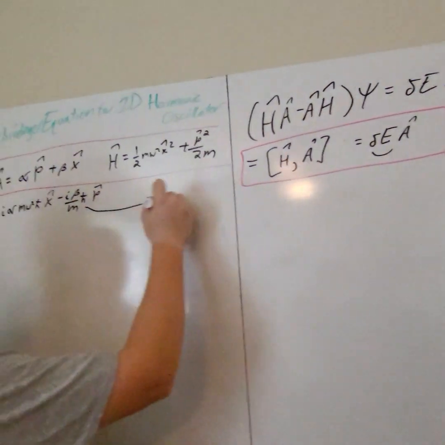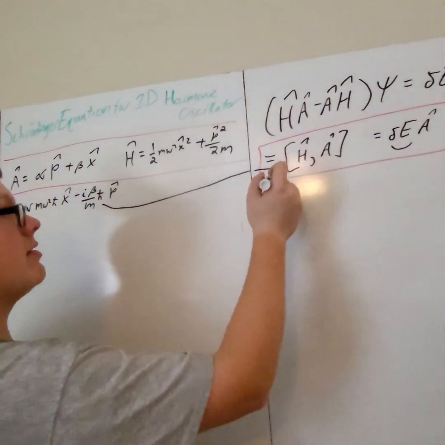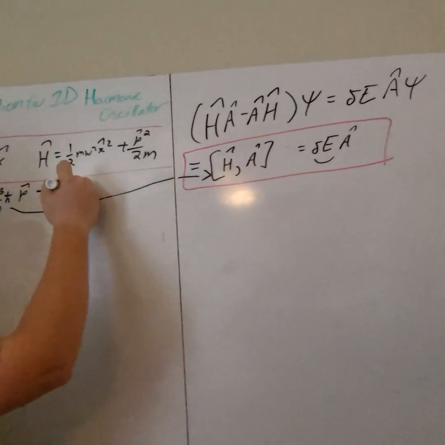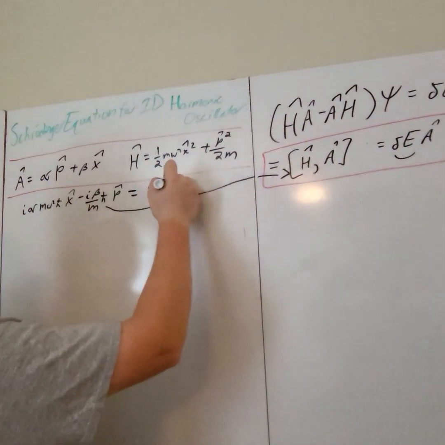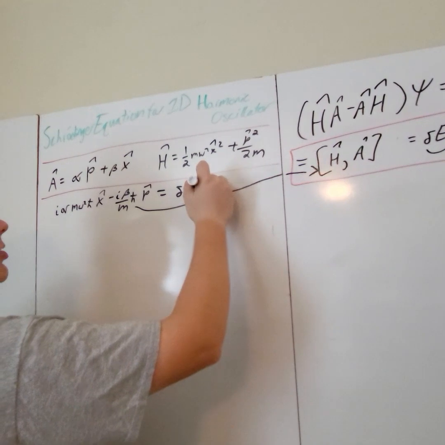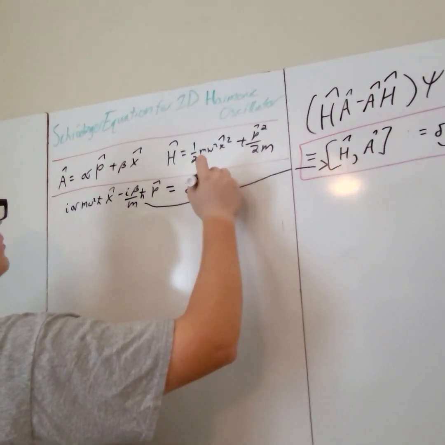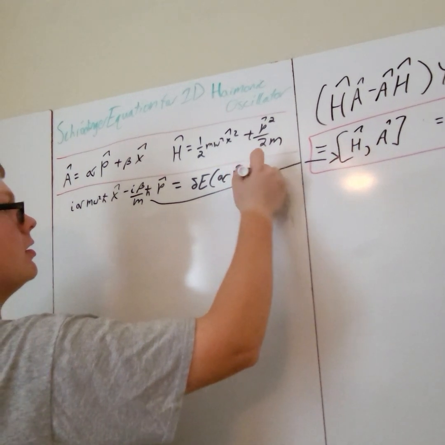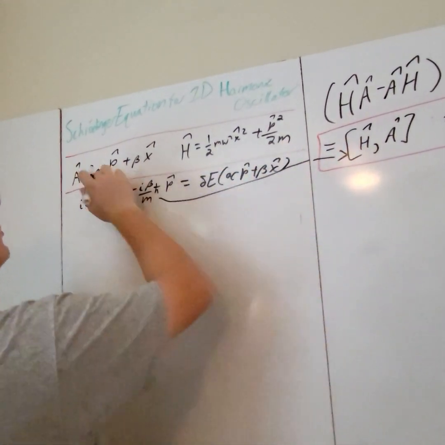So this is that commutator there, and it's equal to delta E times our operator. Oh, good thing I wrote it up there.